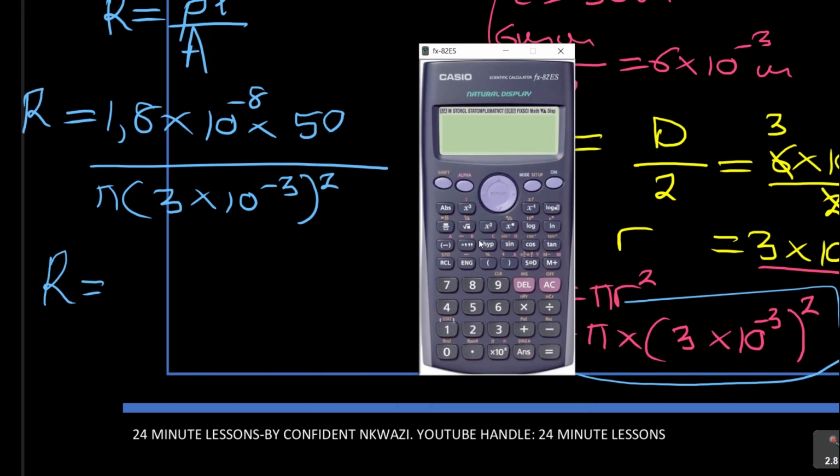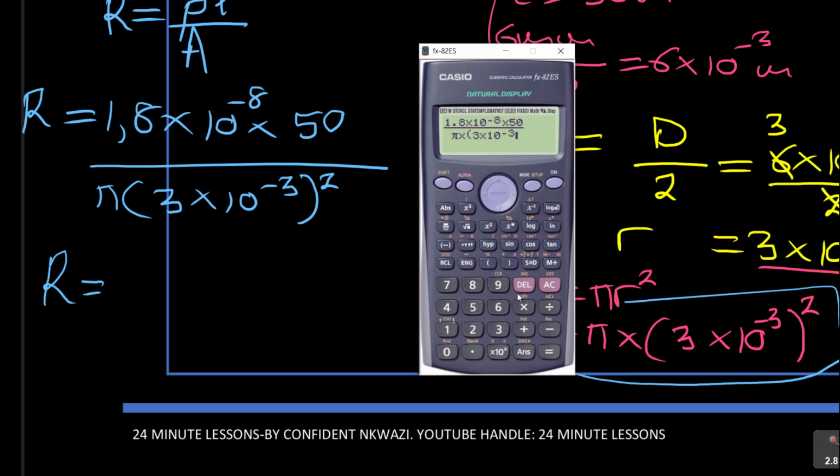So you do that and you're going to say 1,8 times 10 to the power of negative 8 times 50. Just make sure that you are multiplying properly there. Divided by shift pi times bracket 3 times 10 to the power of negative 3.